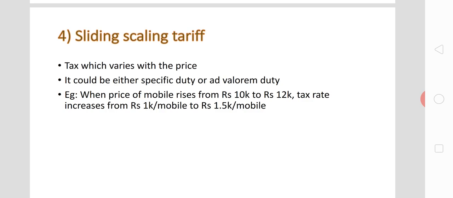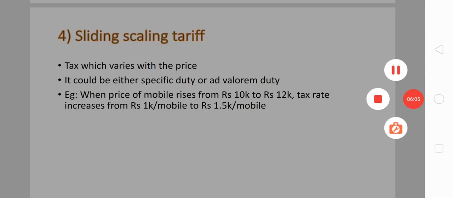For example, when we import mobile phones from China, when the price of the mobile phones increases from 10,000 rupees to 12,000 rupees per mobile phone, then the tax rate also increases from 1,000 rupees per mobile phone to 1,500 rupees per mobile phone. This is sliding scale tariff.